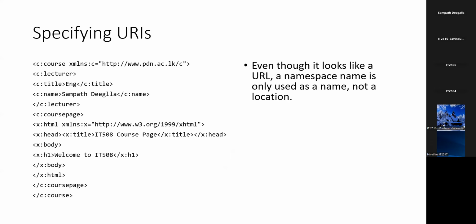Right. I hope you got an idea about the use of URIs. The idea of why we are using URIs here is that we are using some unique name and not confusing this with any other place or any other organization, right?